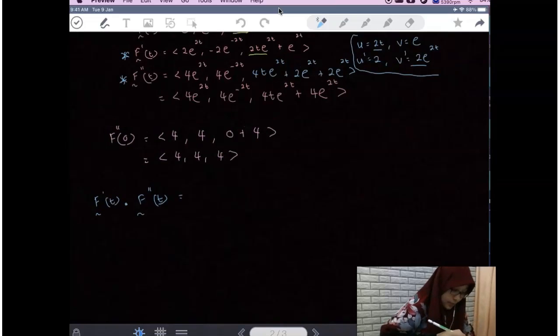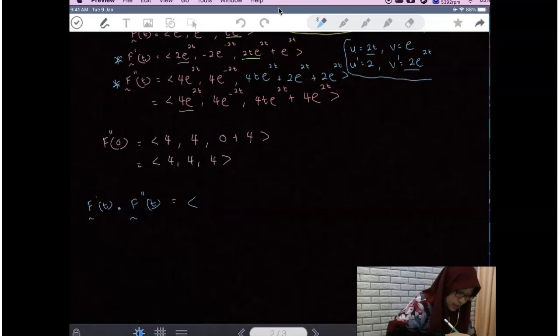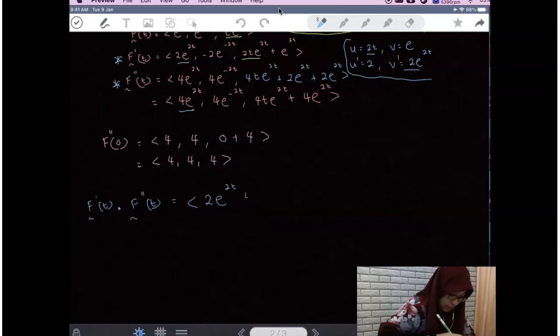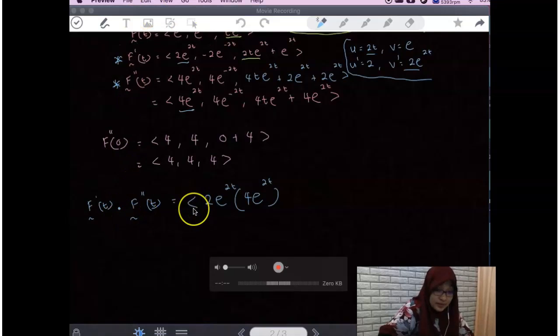We look at the components, this one and this one, and multiply. So you got 2e to the 2t multiplied by 4e to the 2t. And remember, with the dot product, you don't have the vector form anymore.